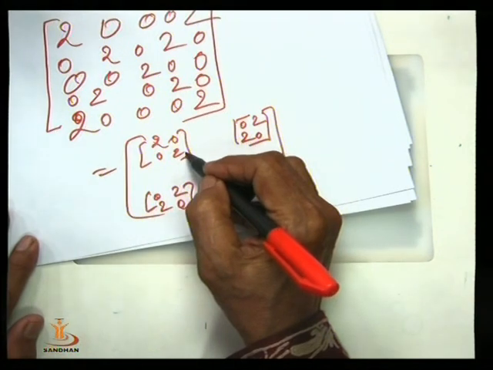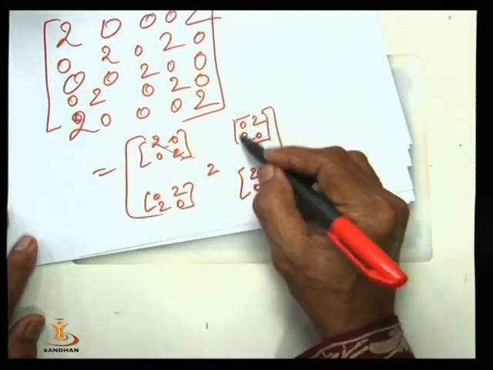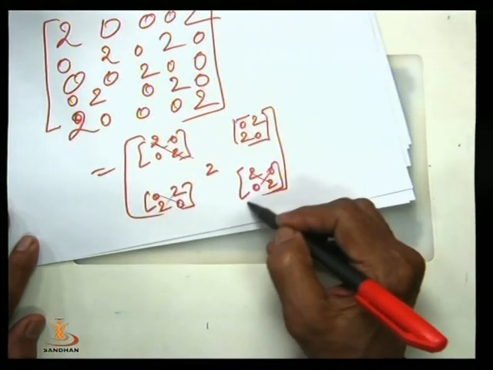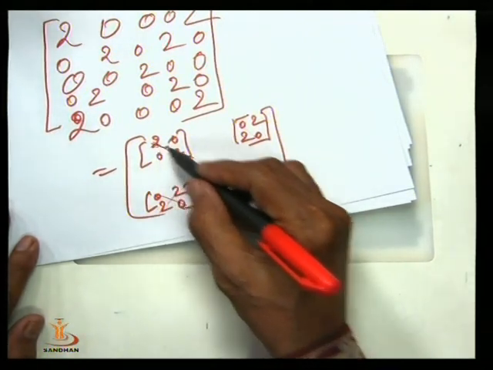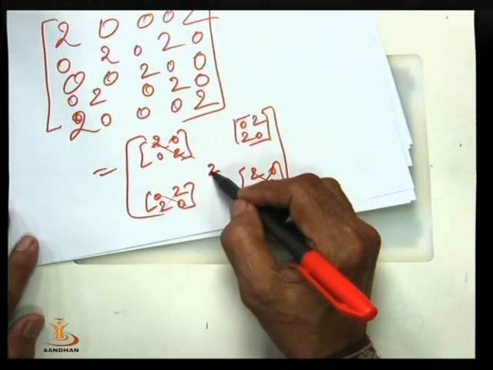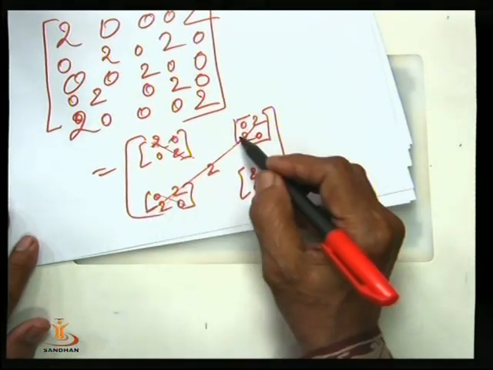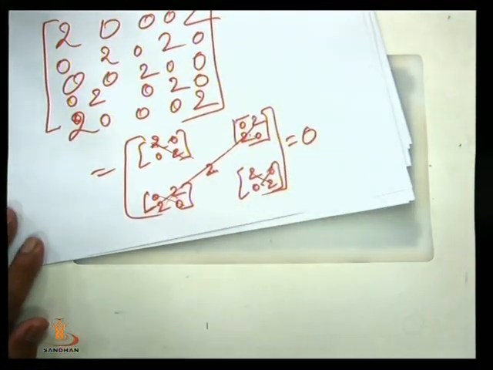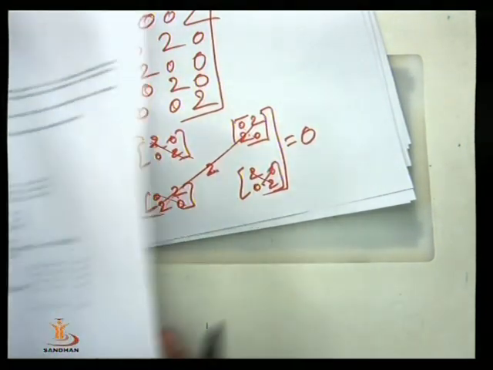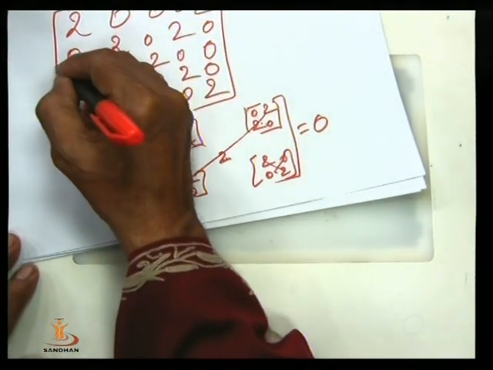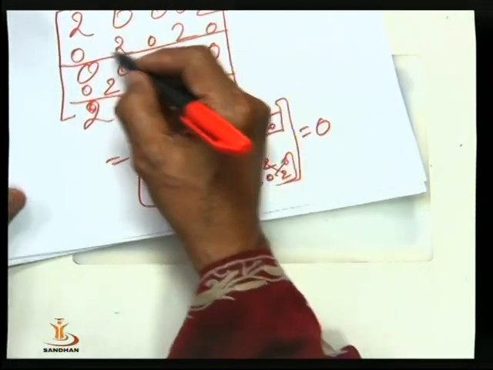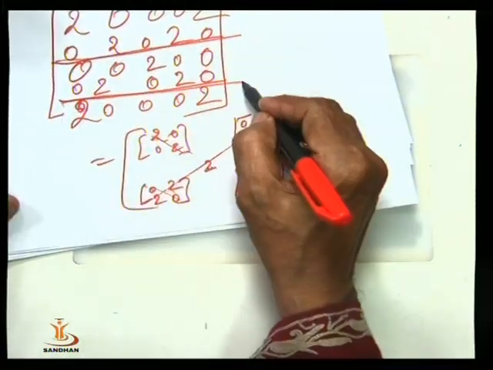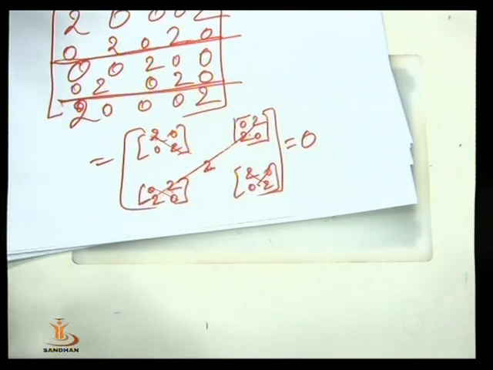This one is 4, this one is 4, this one is 4, this one is 4. So 4 into 4 into 2 is 32, minus 4 into 2 into 4, which is 32. So the value is 0. Another way is you can see that the second row and fourth row are identical, so the determinant is 0.